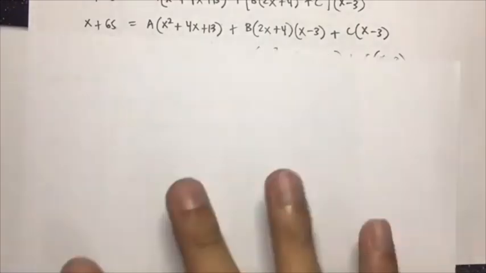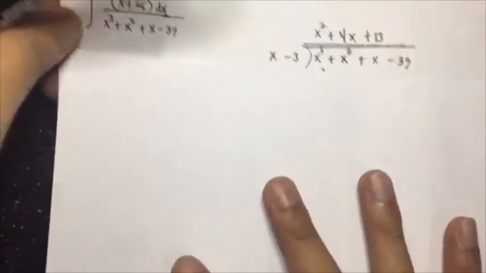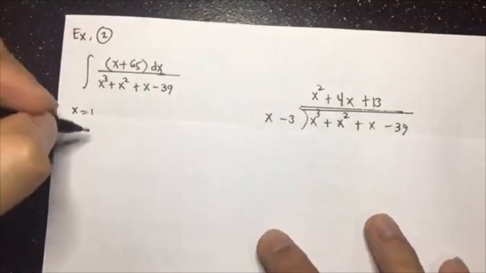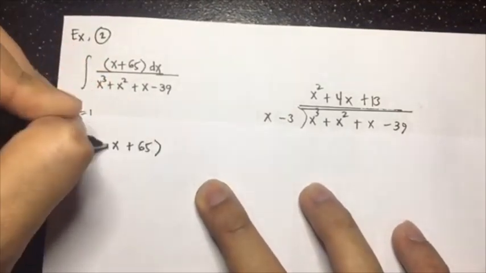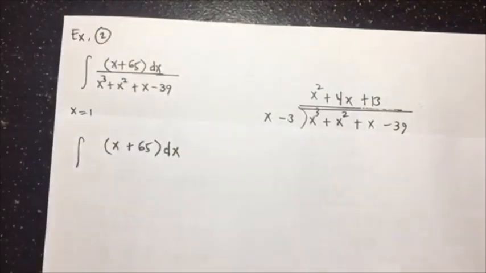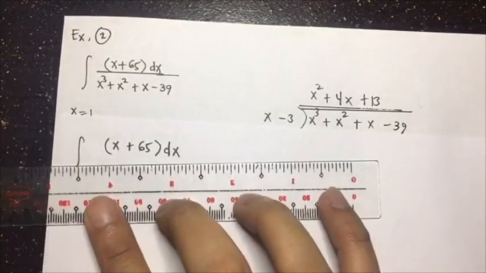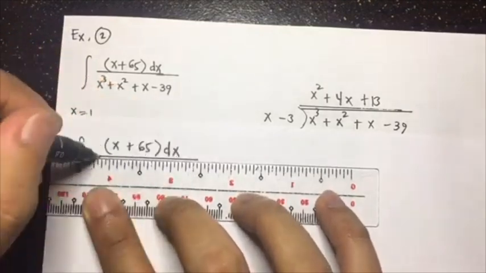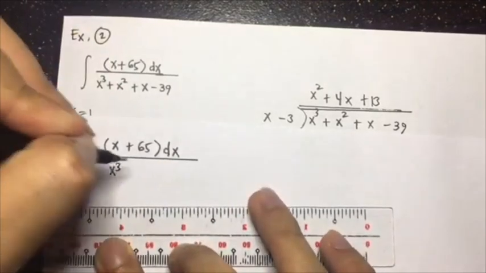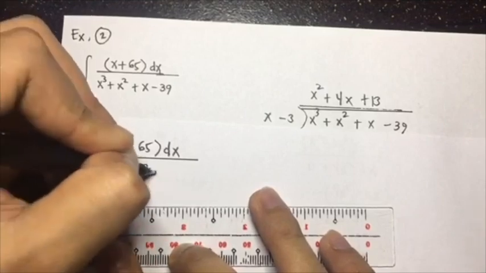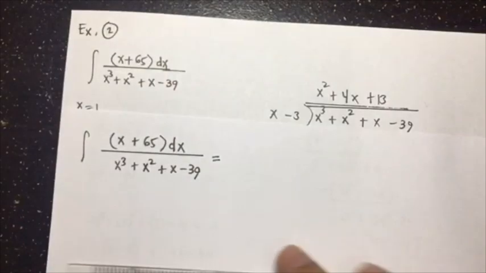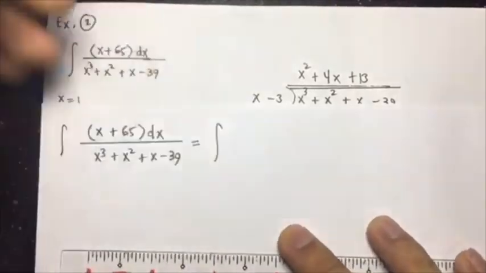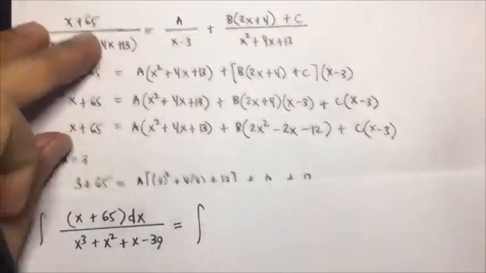okay, so our integrand, which is back to the given, this one, so the integral of x plus 65 dx over x cubed plus x squared plus x minus 39 is equal to the integral of this now, the partial fractions.